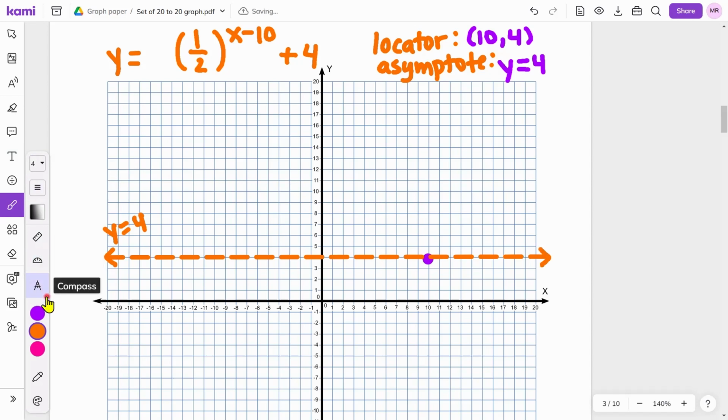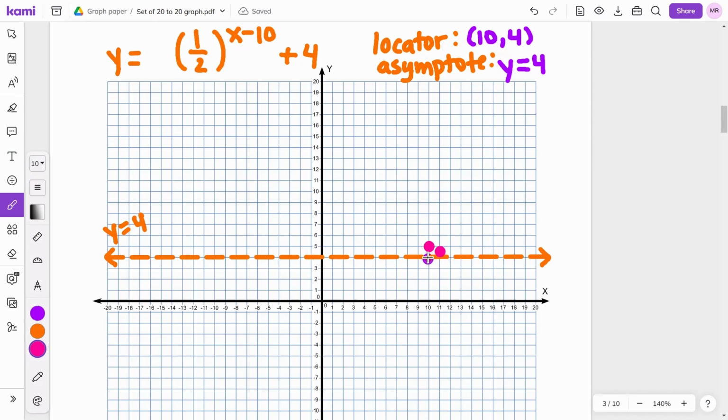And then I am going to come to this locator point right here, and 1/2 to the power 0 is 1. 1/2 to the power of 1 is a half, and then a fourth, and so forth. So I'm going half and half and half and half.